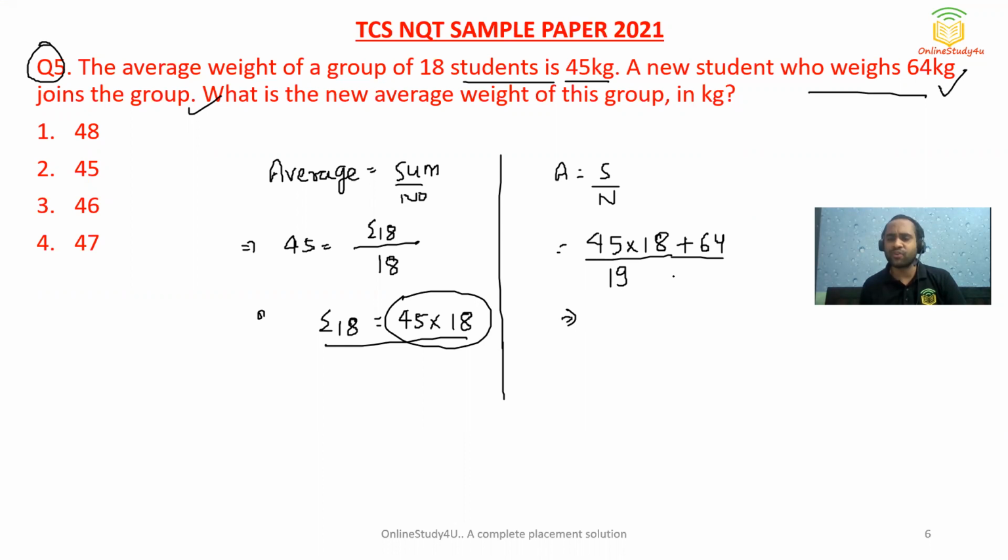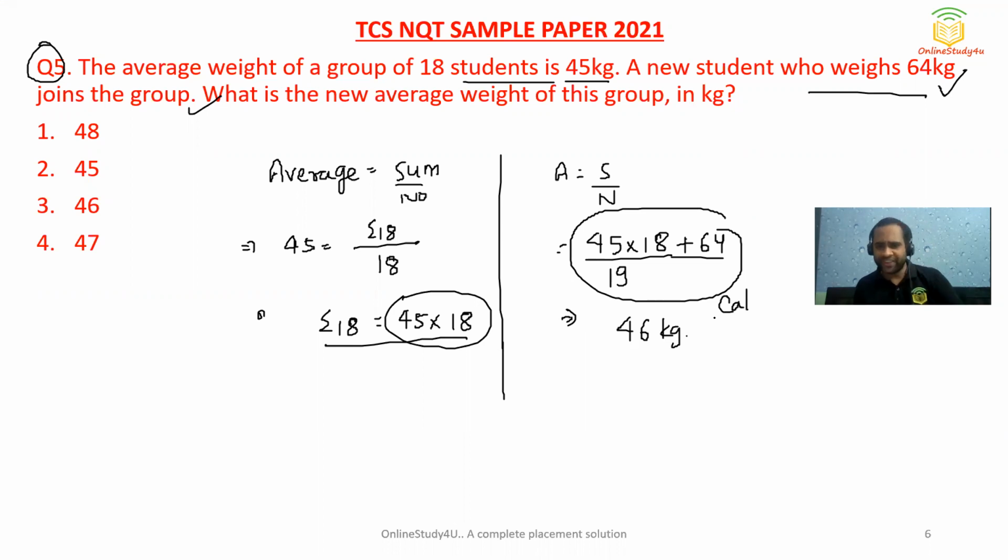Now you should be able to calculate this, and then you will be able to solve. It will be 64 kg plus the earlier sum. You can use a calculator here. Sometimes wasting your time unnecessarily is not recommended, but if you want: 18 times 40 will be 720, and 18 times 5 will be 90, plus 64, divided by 19.